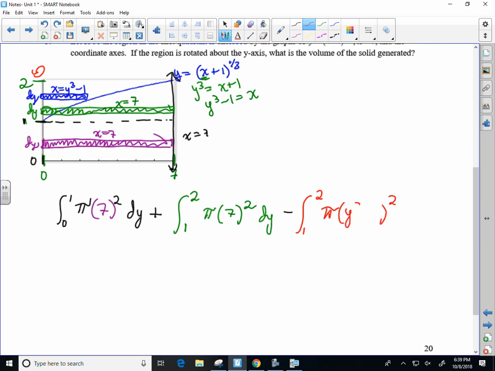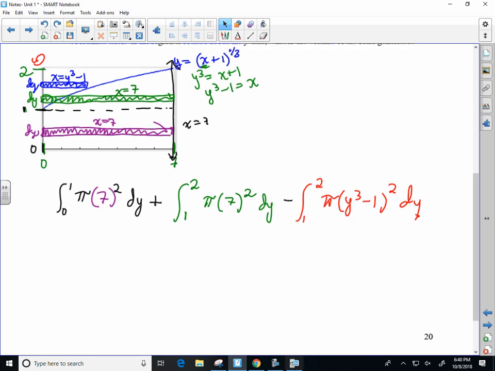This time it's y cubed minus 1 dy. All right, so in terms of the setup, it's essentially the same as the last one that we did. But I don't feel a need to put it in the calculator. I don't need that payoff. It's pretty much the exact same thing we just did, so I'm going to leave it at that.